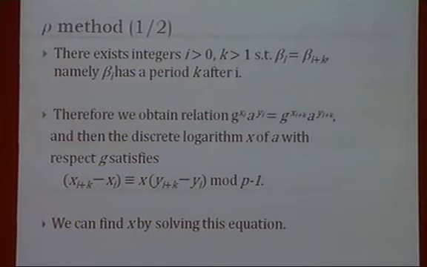Okay? In some cases, we cannot solve this equation because the greatest common divisor of p minus 1 and this coefficient of x is not 1, but usually it is a very small number, therefore we can find the unsolved portion of x by exhaustive search.